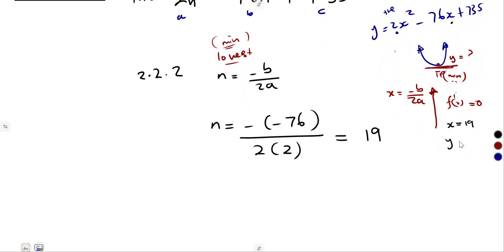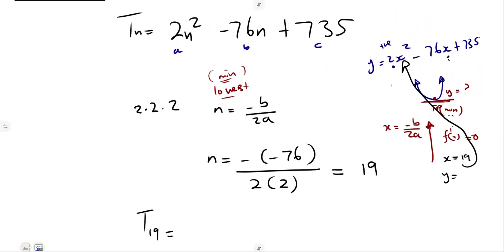What about the value of y? You substitute x in place of x. That is the condition. So T19 simply means in place of n, substitute 19. So that's 2 into 19 squared minus 76 times 19 plus 735.